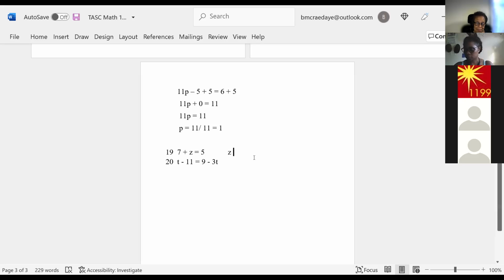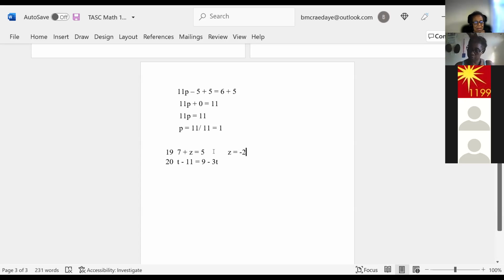So what's the answer, Maureen? Negative 2. That's right. All you're doing is subtracting the 7 from both sides.